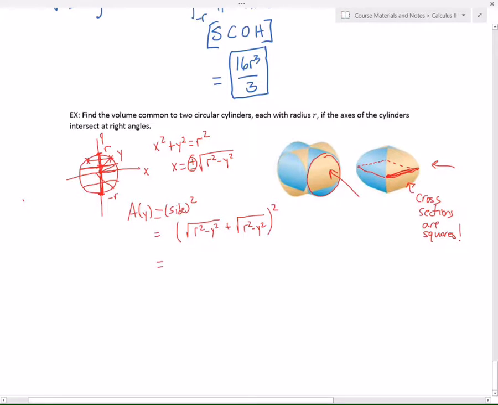So here's what I get: 2 times the square root of r squared minus y squared, quantity squared. So that becomes 4 times r squared minus y squared. And I want to integrate that from negative r to positive r.